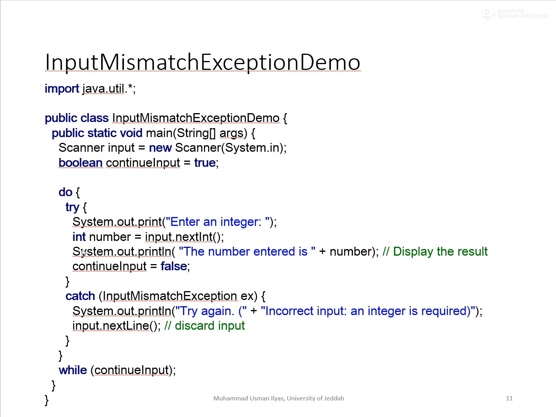And in the body of the do while loop, we have a try block and a catch block. And let's see what happens. So in the try block, get an integer, store it in number. Print out that the number entered is this.